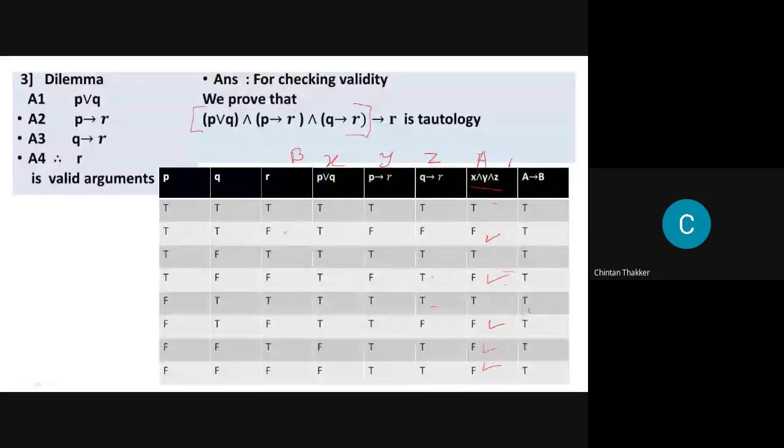For the third one, again A is true, B is true, so we have true. Fifth one, A is true, B is true, so we have true. We got all true, therefore the argument is valid.